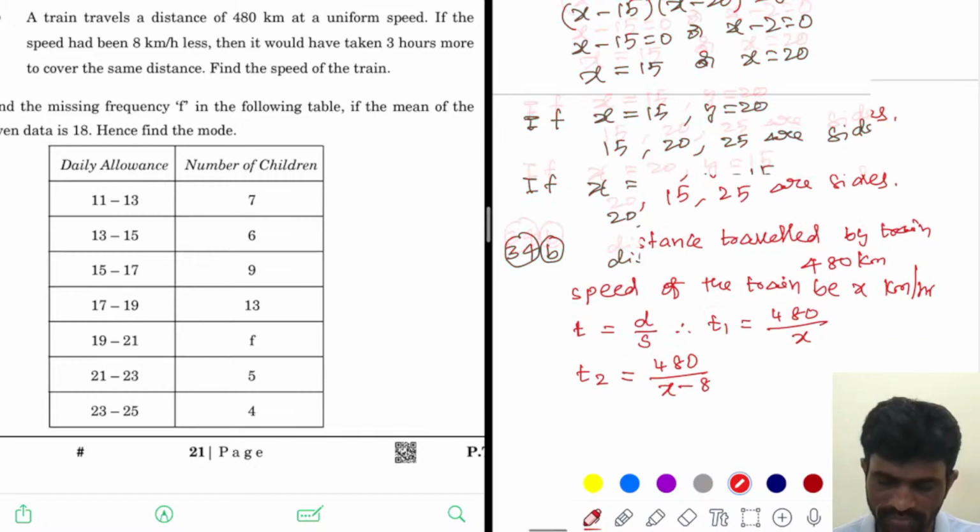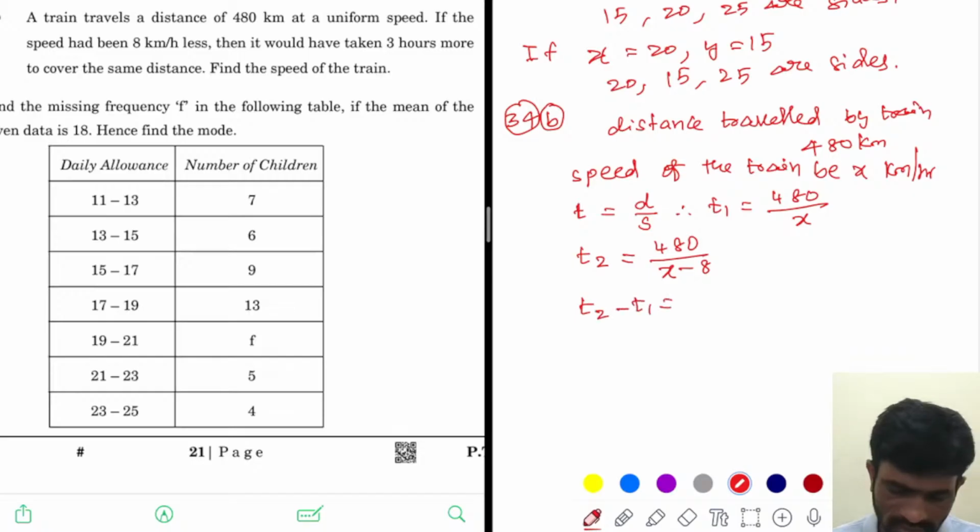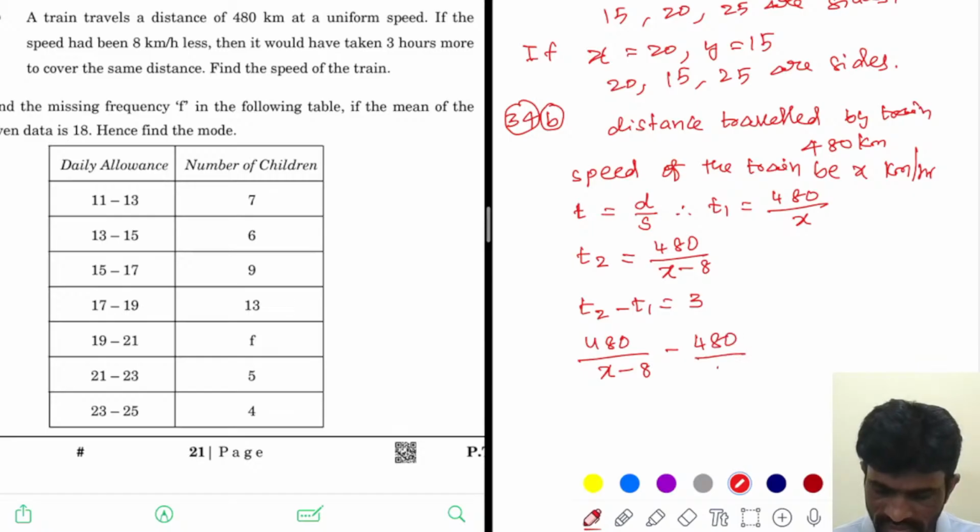Because speed is decreased, time will be increased. So we will be having T2 minus T1, and it is going to be 3 hours. T2 minus T1 is equal to 3. So we get the equation 480 by x minus 8 minus 480 by x is equal to 3.